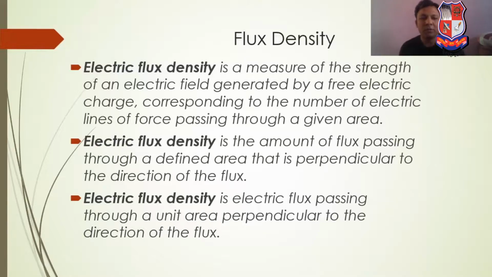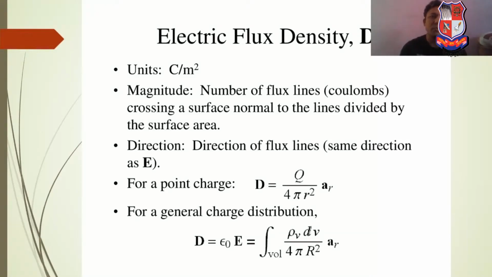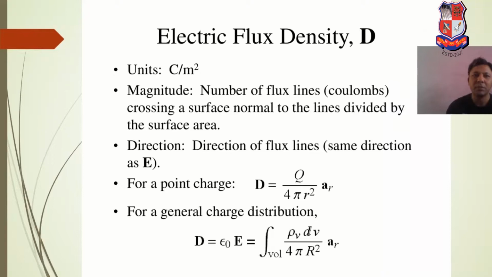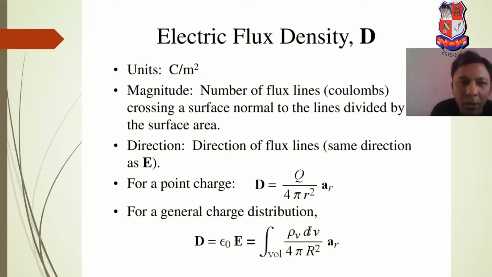So if we take a mathematical expression, here it is. The unit of flux density is coulomb per meter square, and D is your flux density. So it is defined as Q equals 4 pi r square into A. A means it is your area.